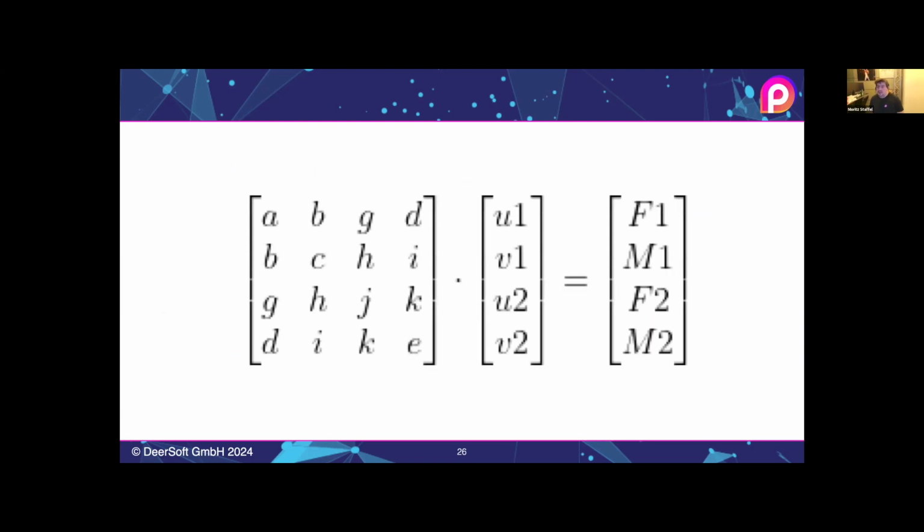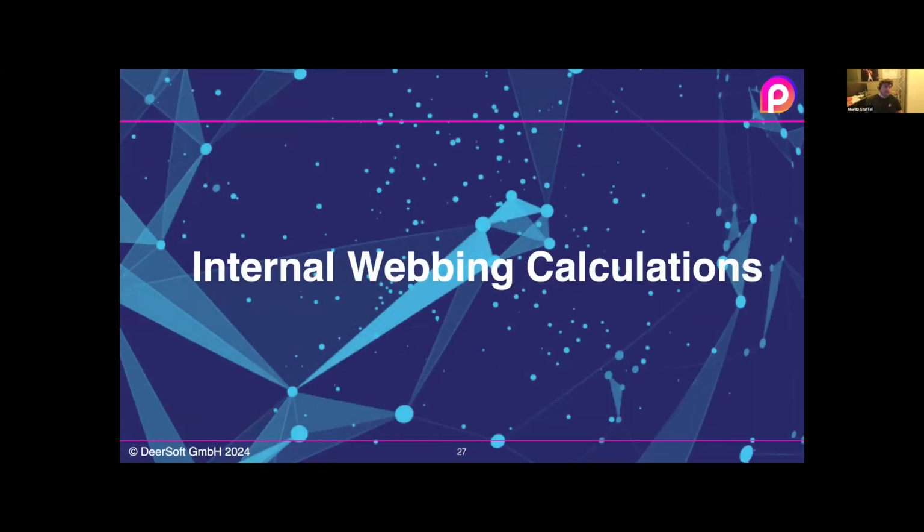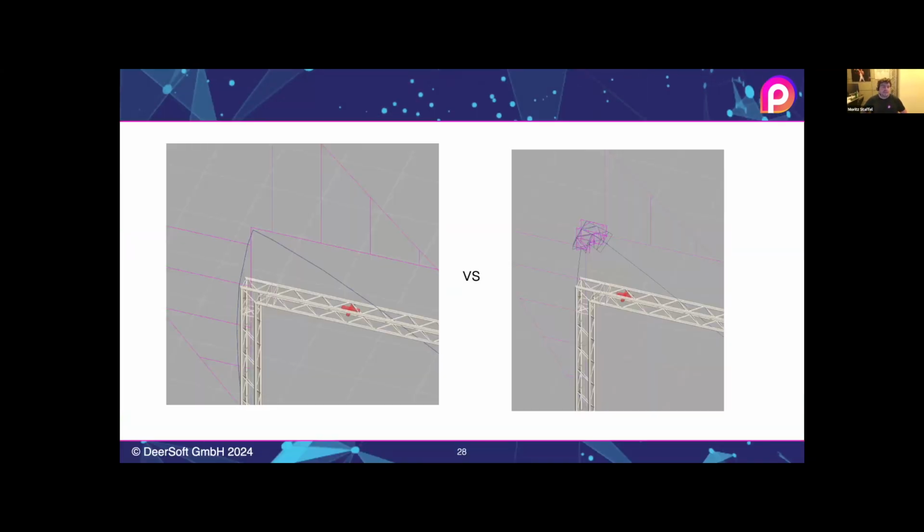An interesting part, which is really a special thing of Production Assist, is how we now calculate this. The thing that we want to have a look at is the internal webbing calculation. The internal webbing calculation is basically the comparison between these two calculation schemes.